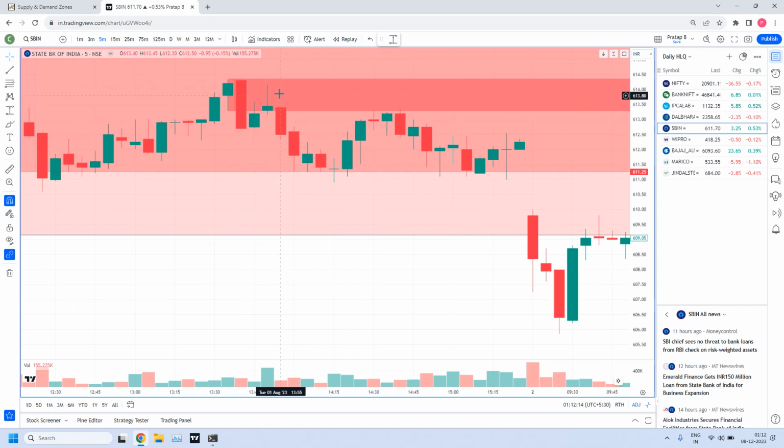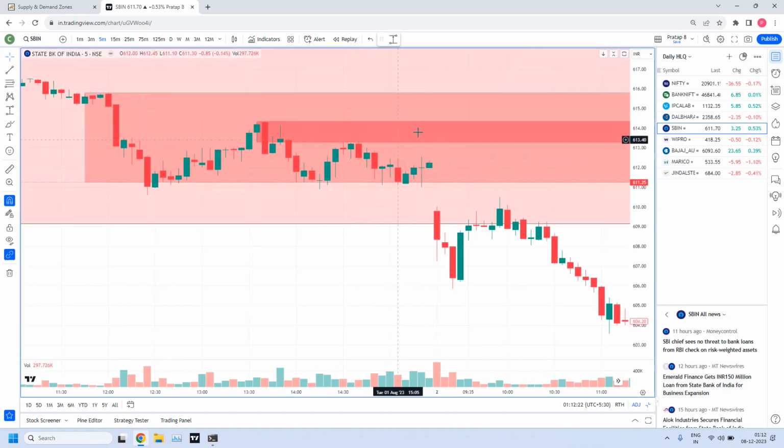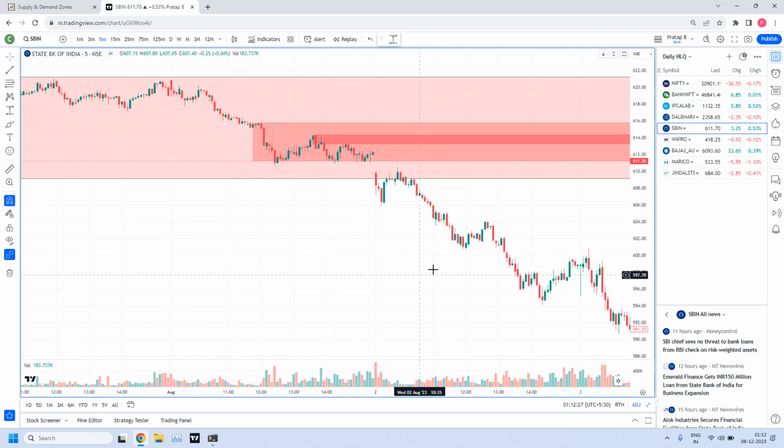And moreover, this is a 5 minutes high liquidity zone which is supporting multiple tests. So that means we can expect more than one test in this particular 5 minute zone.